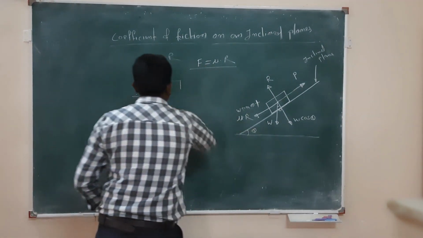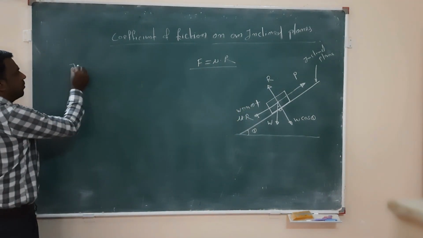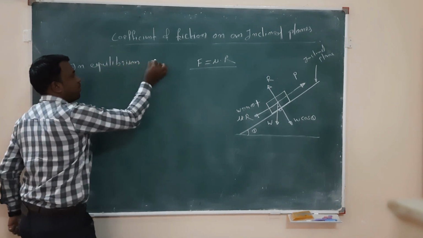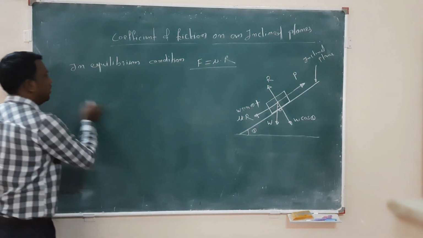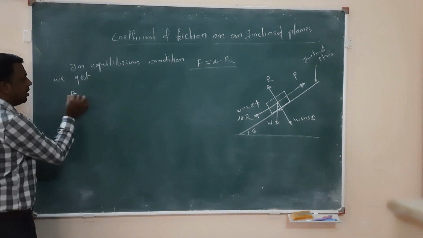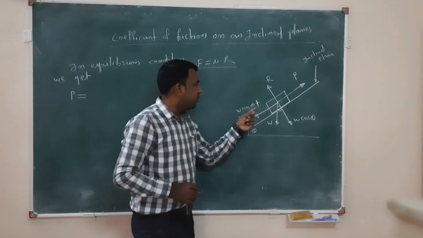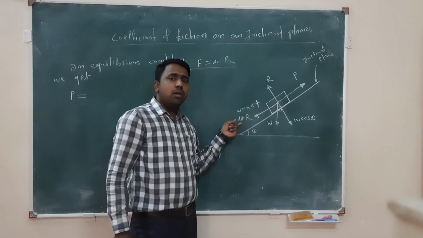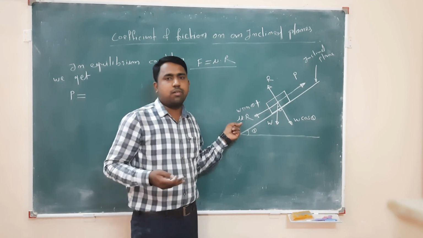So in equilibrium conditions, if we resolve the forces, we get effort P equal to the W sin theta, that is the component of the weight acting in this direction, plus the frictional force, that is the effort also required to overcome the frictional resistance.